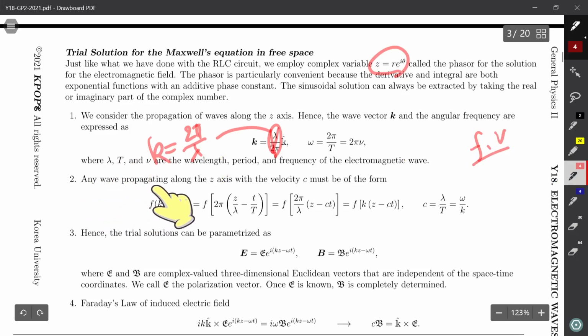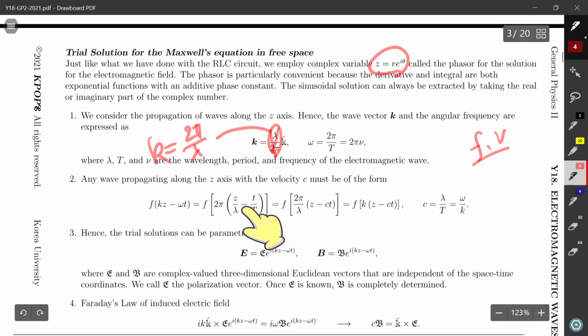Any wave propagating along the z-axis with velocity c must be of the form kz minus omega t. K is replaced with 2 pi over lambda, and omega is replaced with 2 pi over the period. 2 pi is factored out, and we can also factor out the wavelength.